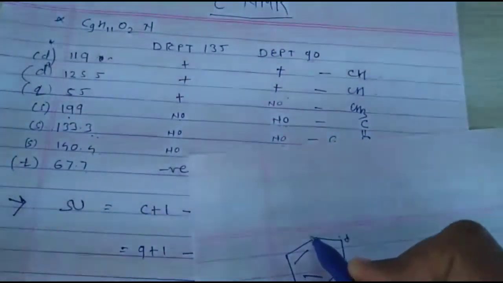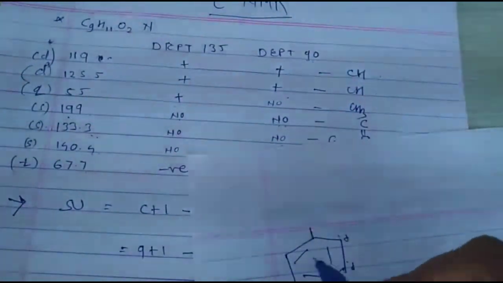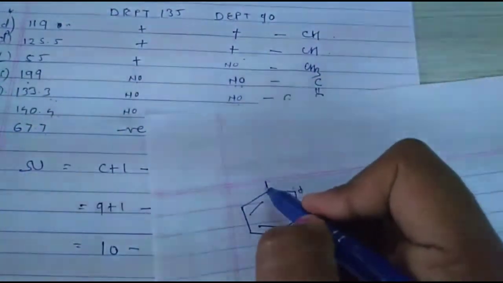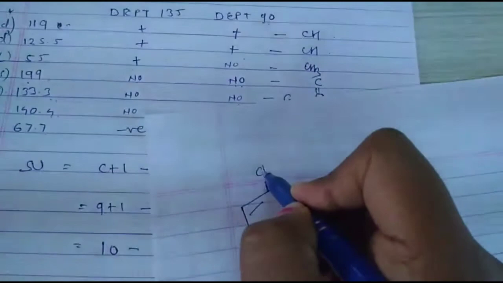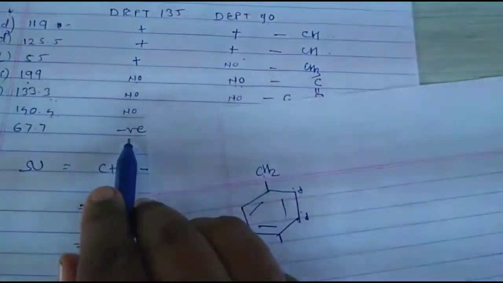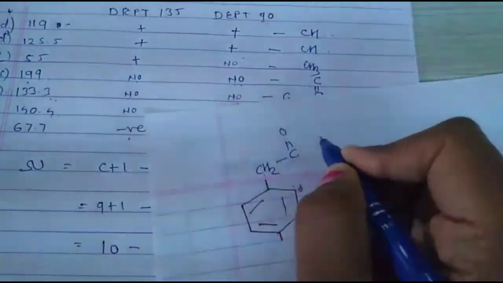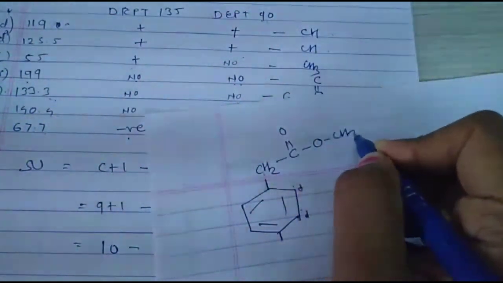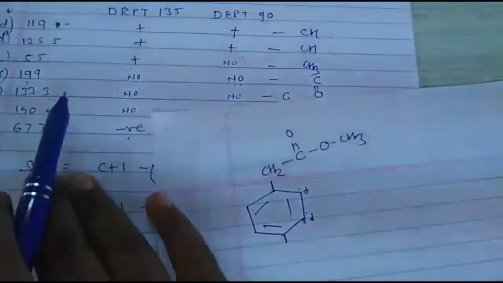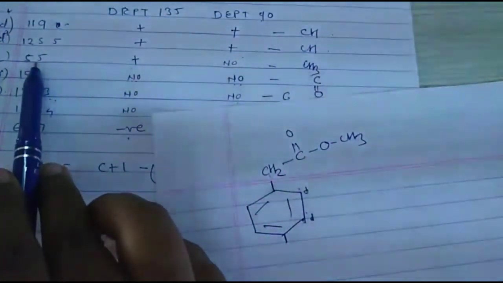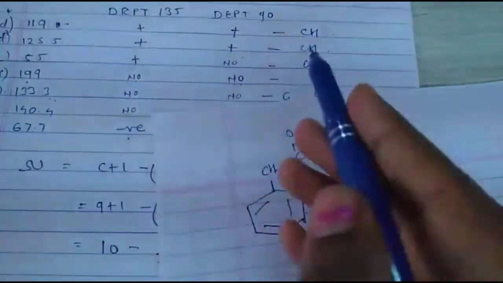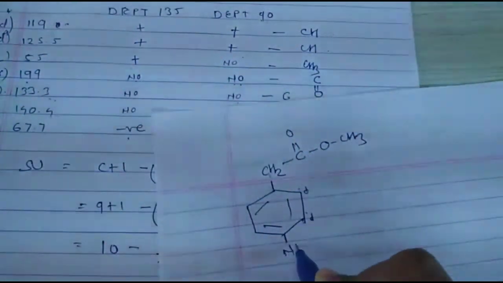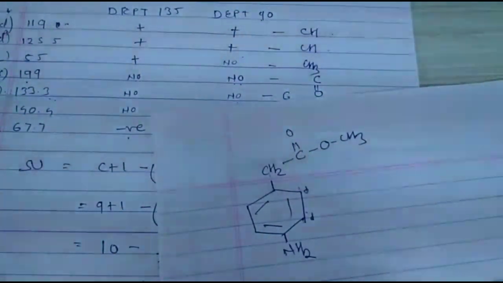Near to that, here is the disubstituted compound, and this is the CH2 which has a negative value. The carbonyl has the maximum value, which means the carbonyl group is attached here, and next to that the oxygen is attached to CH3. Why? Because here the CH3 also has a high value. Then what remains? The NH2 group remains, which is attached at the para position.